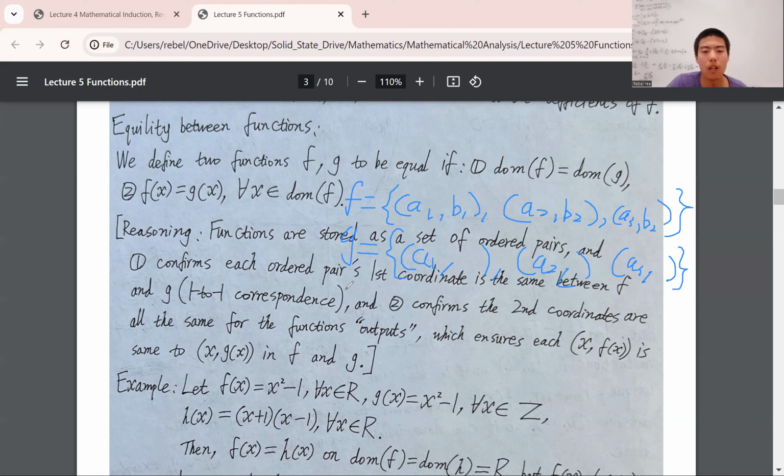And what does the second statement indicate, f(x) equal to g(x)? Then a1 must be transformed to the same value as f(a1), which is b1. So g(a1) is also b1, g(a2) is also b2, g(a3) is also b2. So this makes sure they have the same elements in the function set, which means f is equal to g.